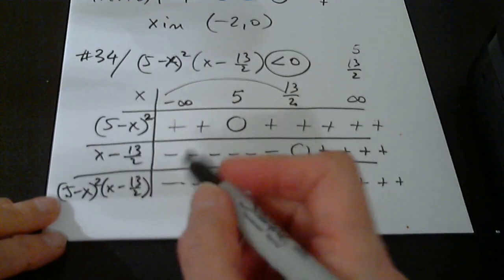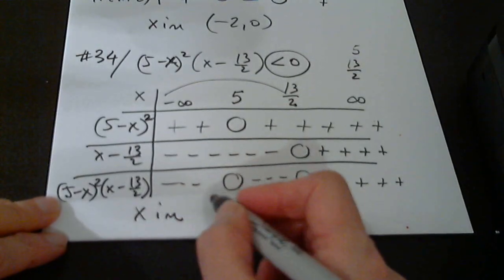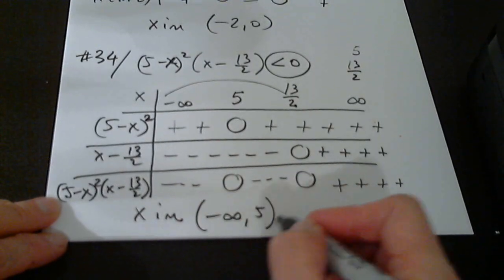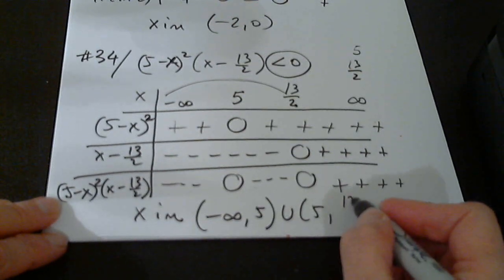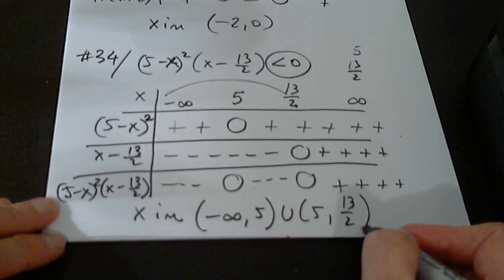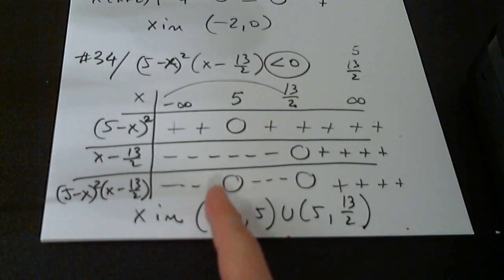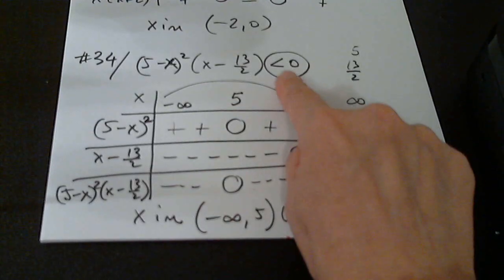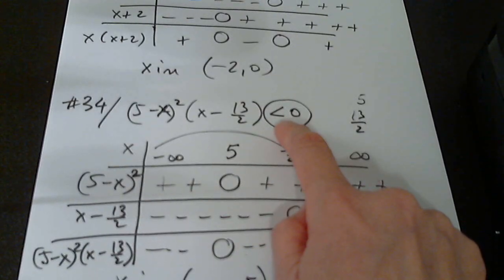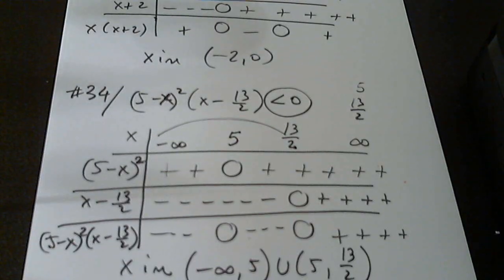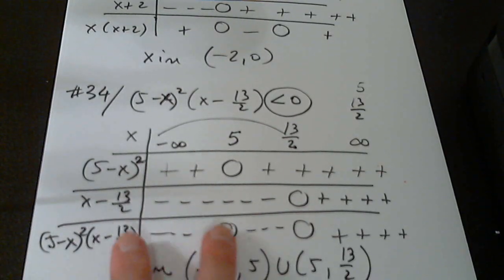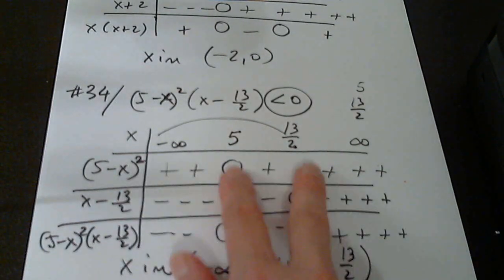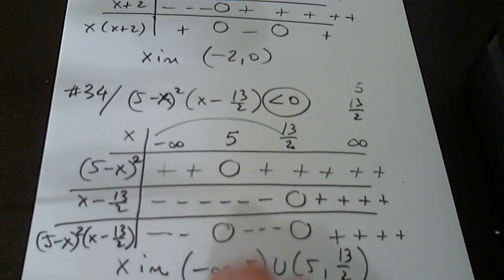So the solution has to be x in the interval (-∞, 5) union (5, 13/2). I cannot include this because I don't have the equal symbol. I can only choose plain and simple negative. Negative, negative, but not 5.